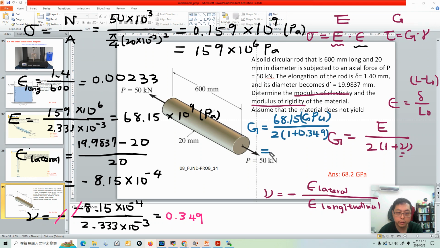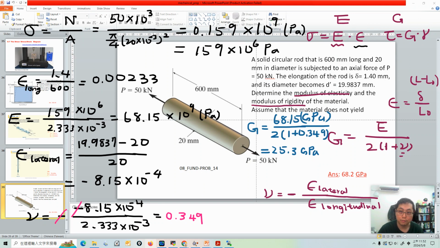Calculating, it's 25.26, so it's about 25.3 gigapascal. That's the elastic modulus and shear modulus based on the problem description.